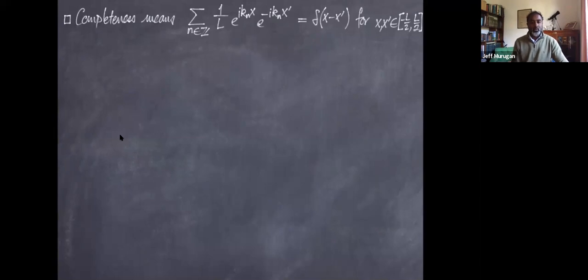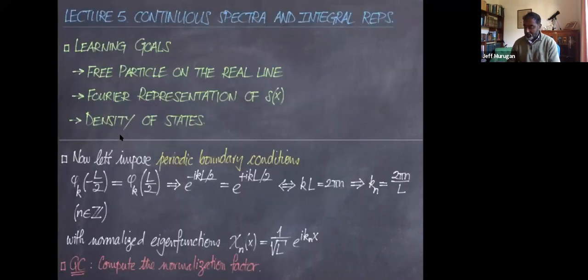So the thing to notice here is that at the end of the day, we put a cutoff on how big our interval is, but at the end of the day, we want to send that cutoff off to infinity. So we want to take L to infinity. And if you look at the set of eigenvalues that we had, these k_n's, notice that I'm dividing through by L here.